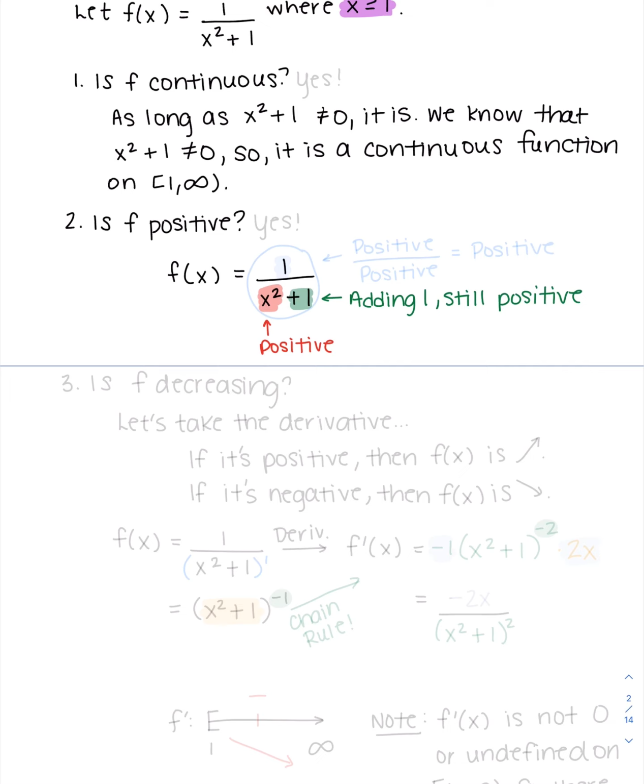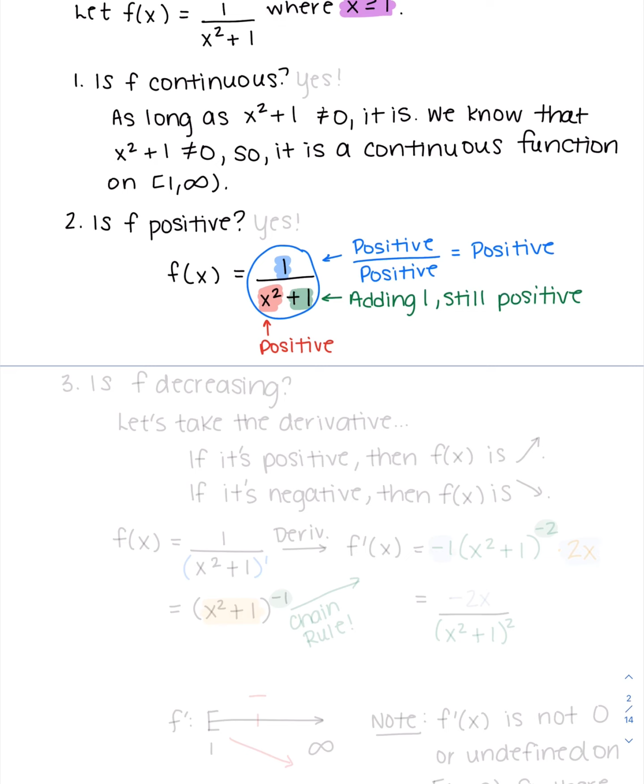And also there's a 1 on top, which is positive. So at the very end of the day, the whole thing is going to be a positive divided by another positive value, which is going to end up being a positive value.